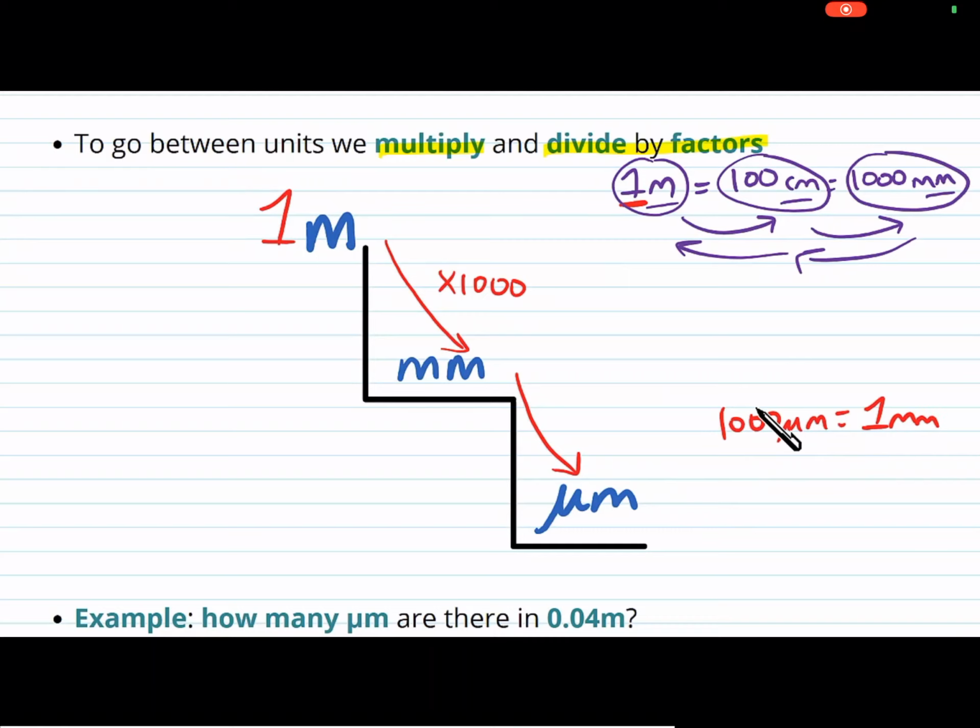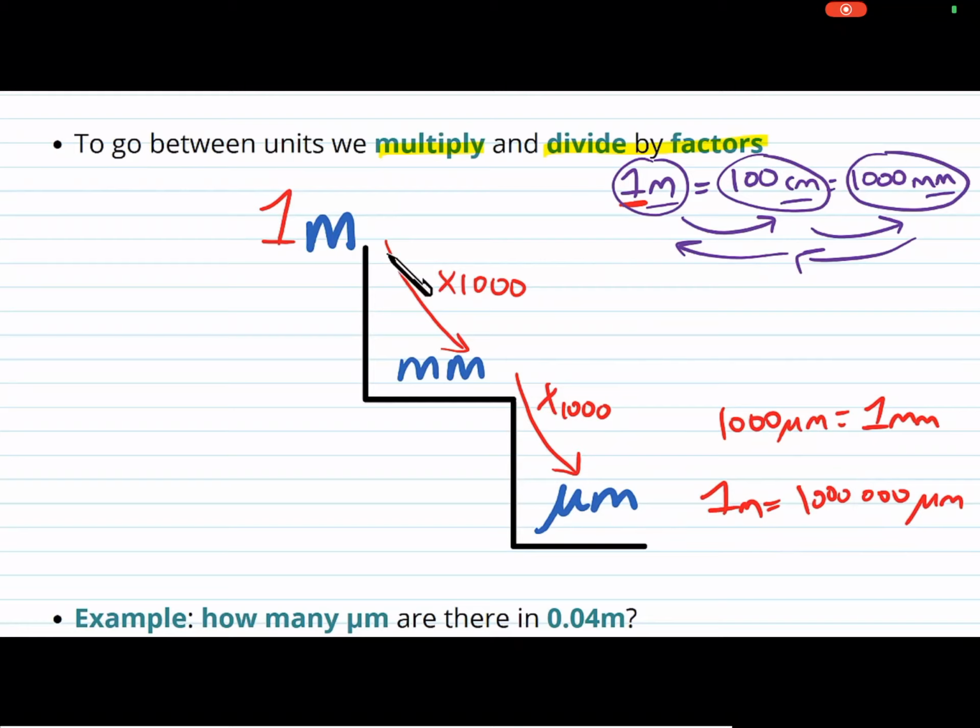So again, you need to times by 1,000 for this one. So from 1 meter to 1 micrometer, 1 meter must be 1,000 times 1,000 micrometers. So a meter is 1,000,000 micrometers. It's the same distance, we've just expressed it in a different unit.